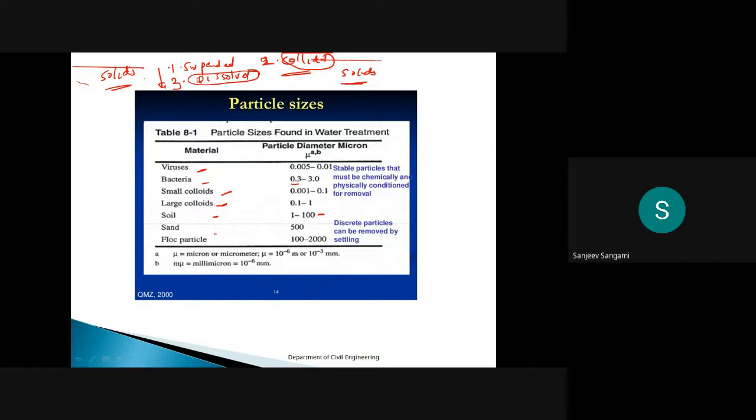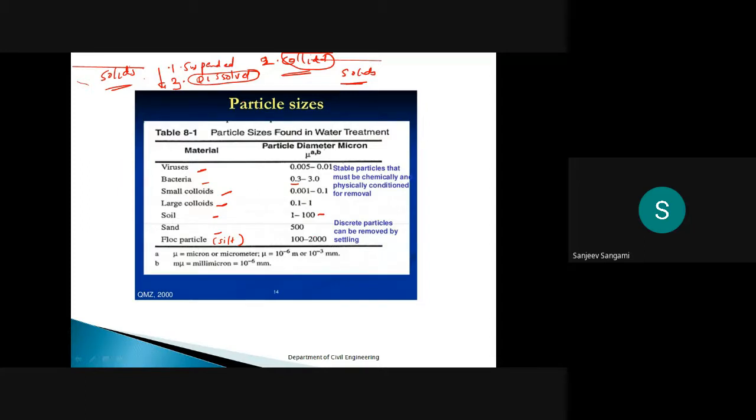If a sand particle is there, it is about 500 micron. And if any silt or flock particles are there, the size is 100 to 2000 microns.